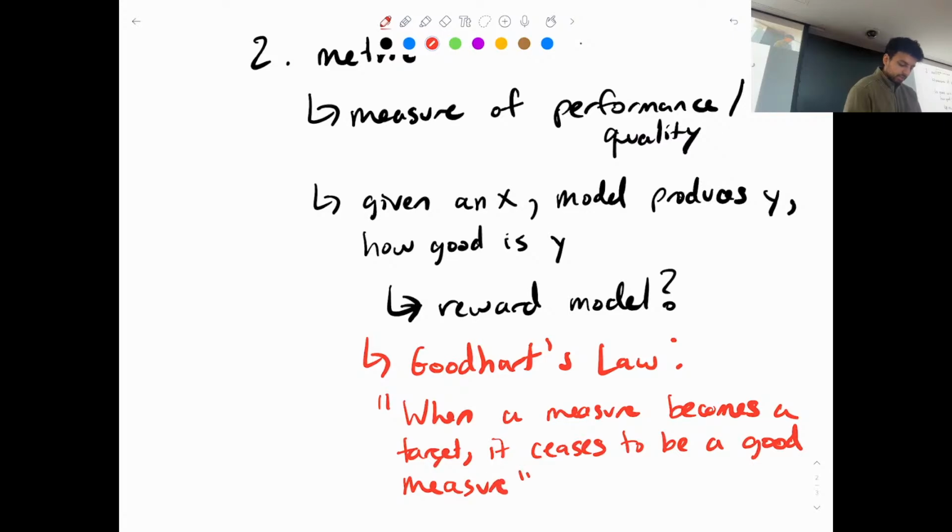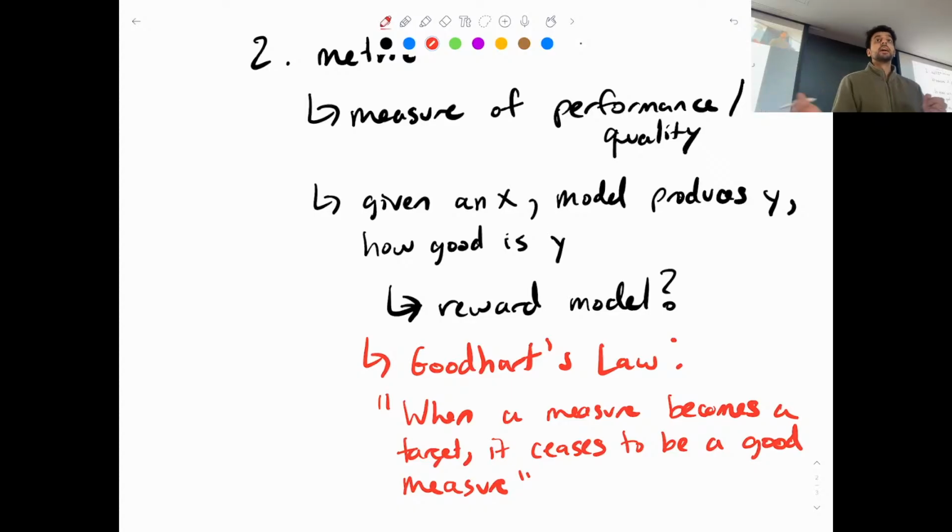And so in the reward model scenario, we are using the reward model as a target, right? We are trying to maximize our expected reward. And so if we come back and then use the reward model to score the responses and rank them, we, as you said, leave ourselves open to all of these issues with reward hacking and divergence in human preferences and reward model scores and things like that.